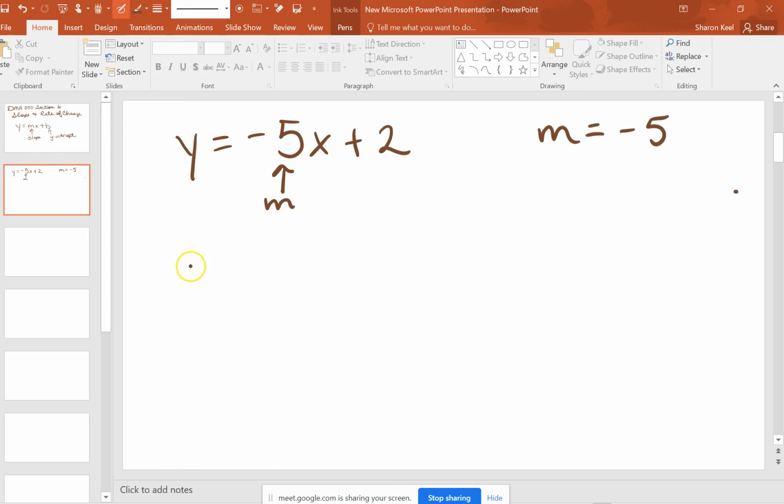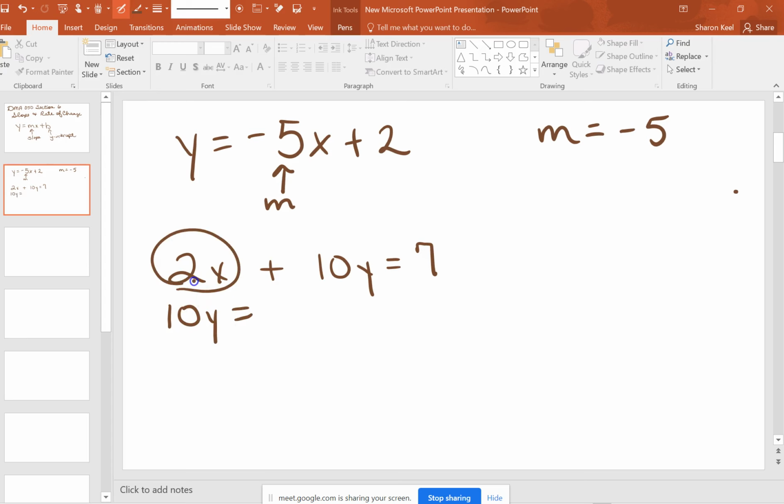If I were to give you, let's say, 2x plus 10y equals 7, and I asked you what is the slope of this line, the first thing you want to do is rearrange it into that form. So you're going to have 10y equals, when the 2x moves to the other side of the equals, it becomes minus 2x, and bring down the plus 7.